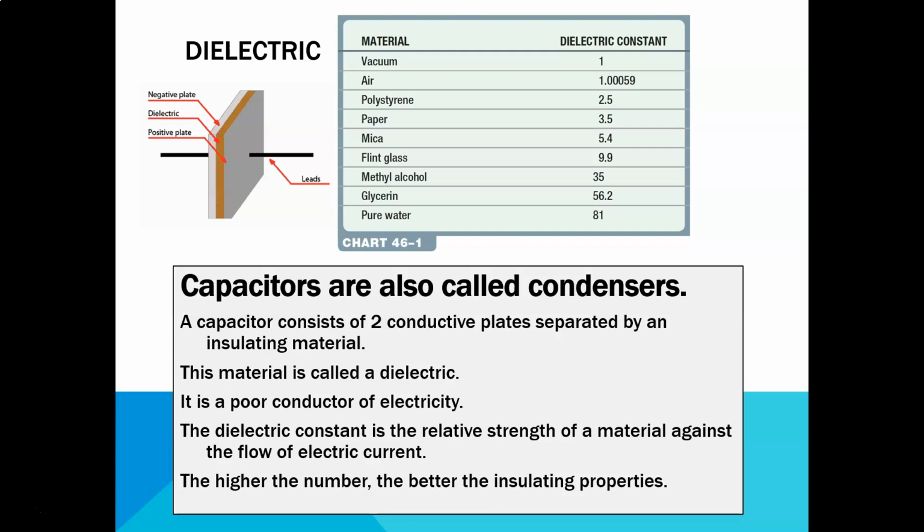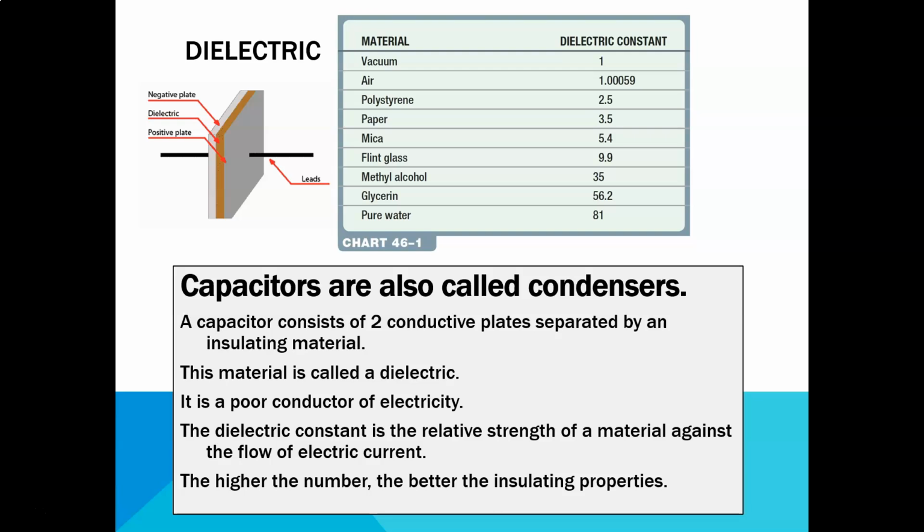If we put paper in there, and many times you find paper in between those layers of the capacitor when you cut it open, paper alone is 3.5. Mica brings it to 5.4. Flint glass, whatever that exactly is, 9.9. Methyl alcohol is 35, so a giant improvement. Glycerin, 56.2, and pure water is 81.